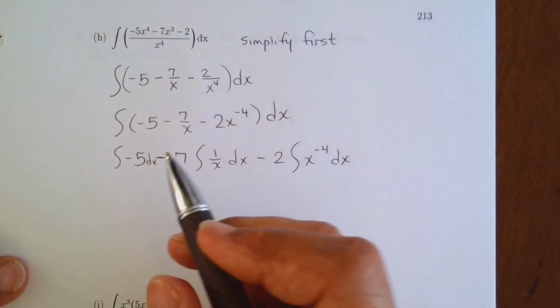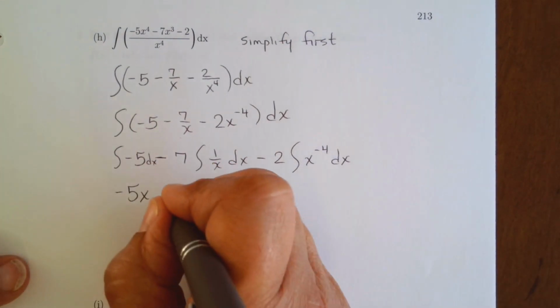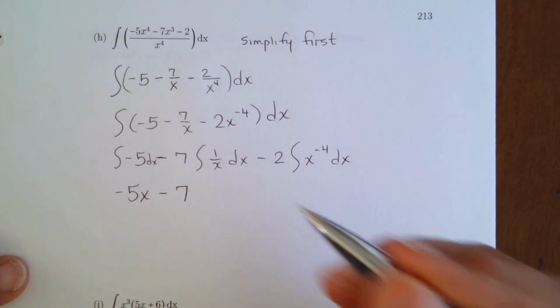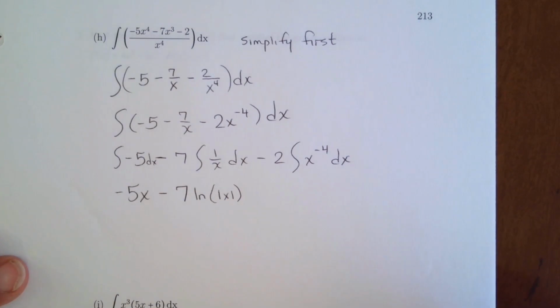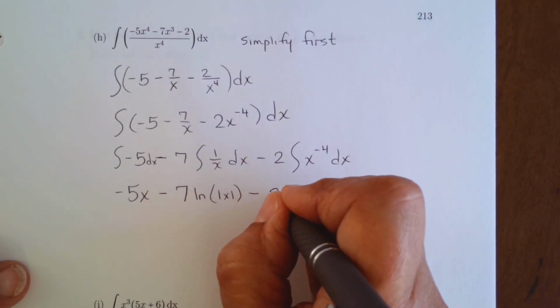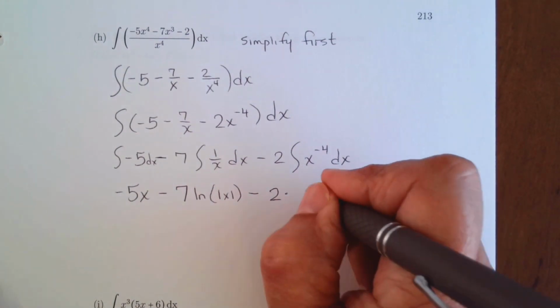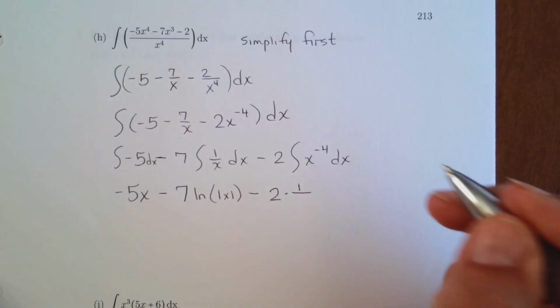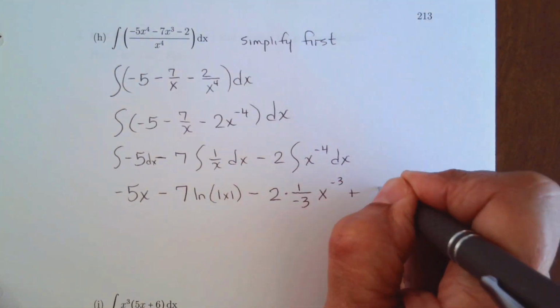All right, so the constant is just negative 5x. Minus 7, the antiderivative of 1 over x is the natural log of x. Make sure you're putting those in absolute value signs. And the last one is our power rule, so 2 times 1 over, add 1 to negative 4, you get negative 3, x to the negative 3 plus c.